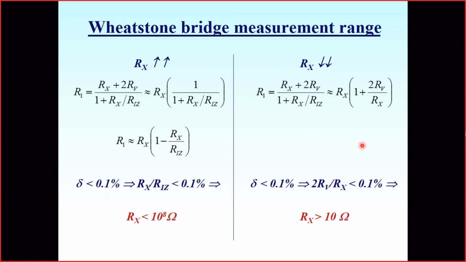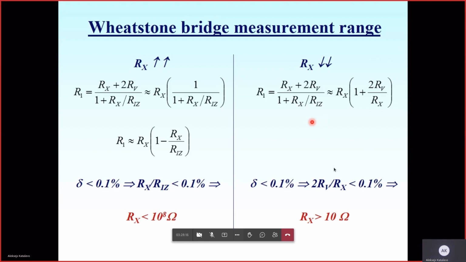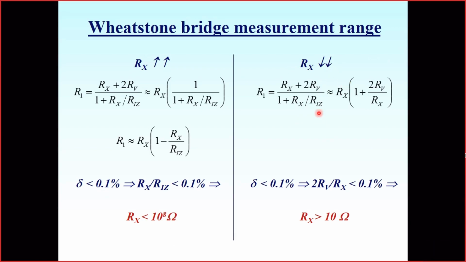For the very small Rx, what am I neglecting here? For the small Rx, I just neglect the member Rx divided by R isolation. It's very small, less than 10 to the power of minus 11. And then I just move Rx out of this sum in front.